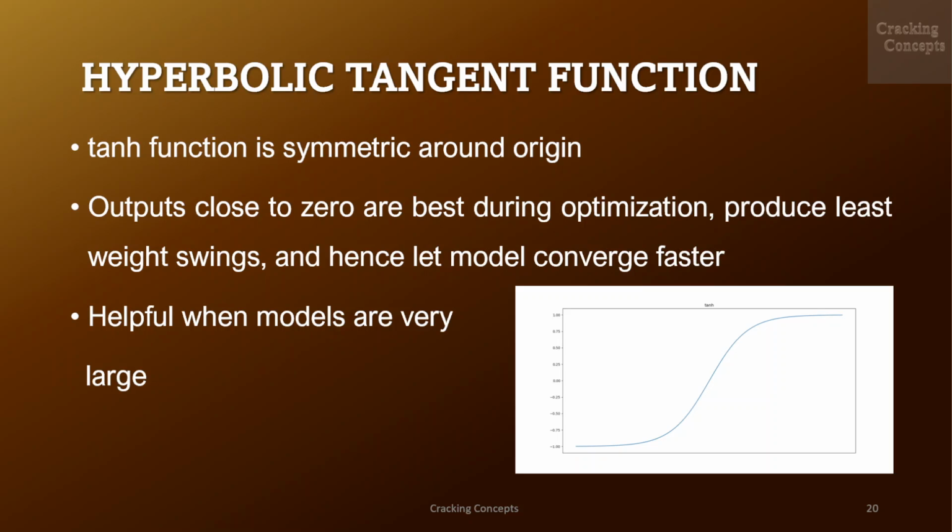The outputs that are close to 0 are best during optimization. They produce the least weight swings and hence let the model converge faster. This will be helpful when the models are very large indeed. Also, we see that the tanh function is symmetric around the origin, whereas the sigmoid function is not.